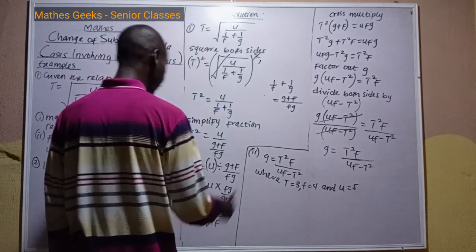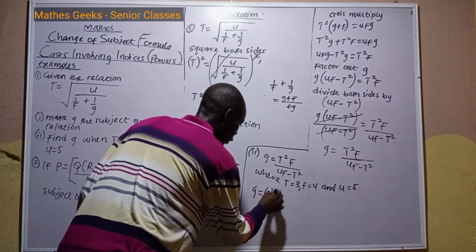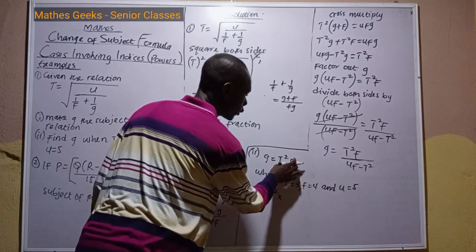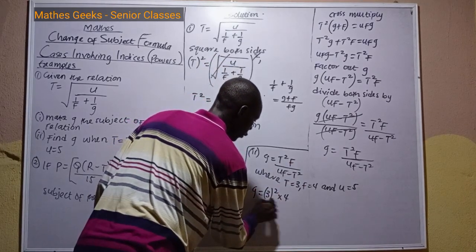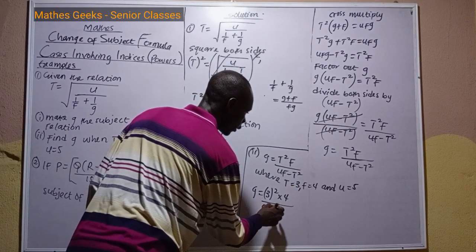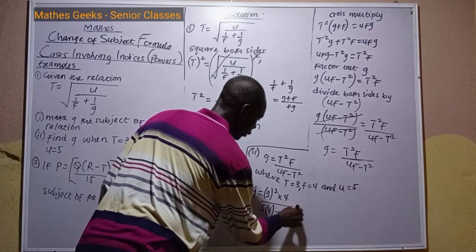So G is equal to T, which is 3 squared, times F, which is 4, over U, which is 5, times 4 minus 3 squared.